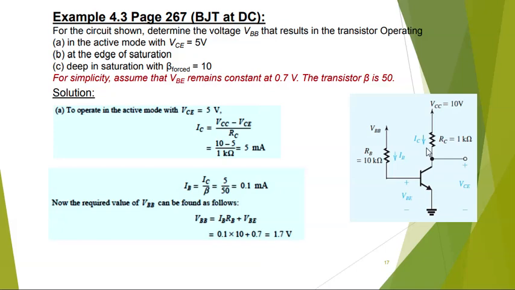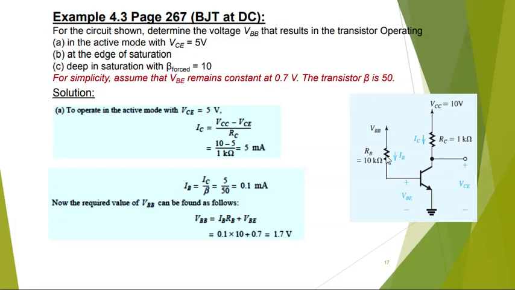When we are at the edge of the saturation, we're still in the active mode, right? Still the beta is 50. We have not gone into the saturation, right? So you can still get the value of IB by dividing IC over 50.